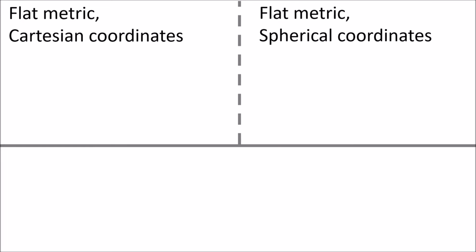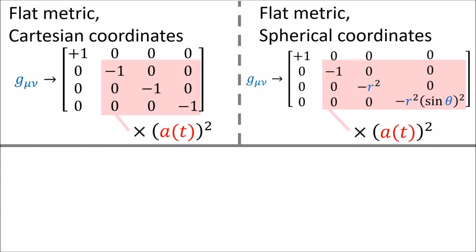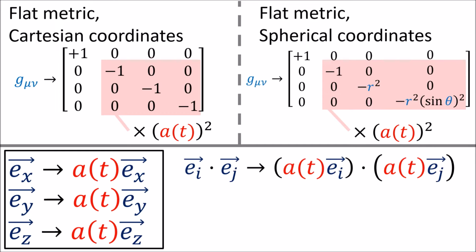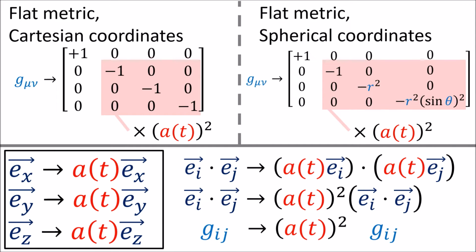This has the effect of multiplying the 3x3 spatial portion of the metric by a of t squared, since the spatial metric components are the dot product of two spatial basis vectors. And we're forced to multiply all the components in the spatial part of the metric by the same factor because we need to treat all directions as equivalent, since the universe is spatially isotropic.